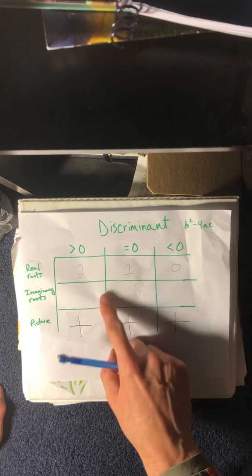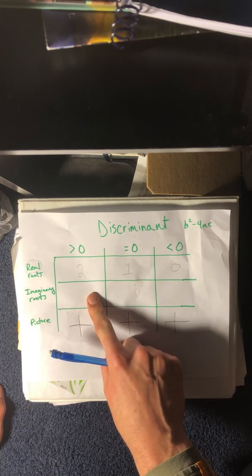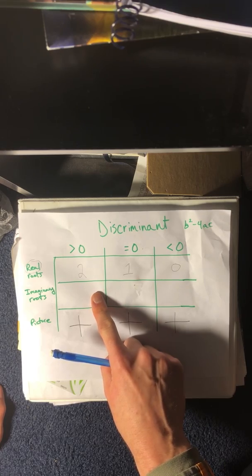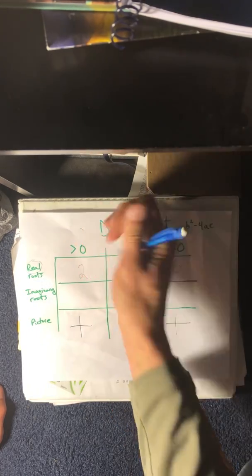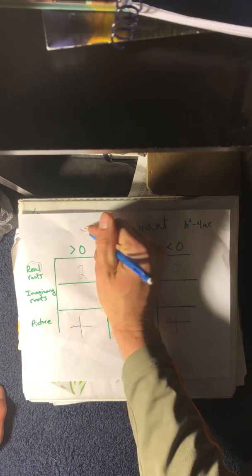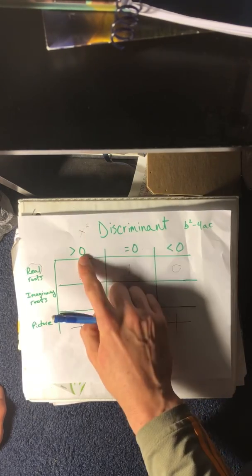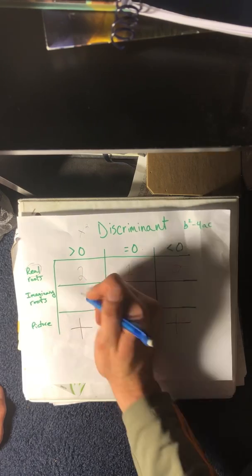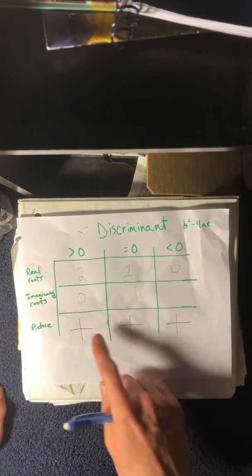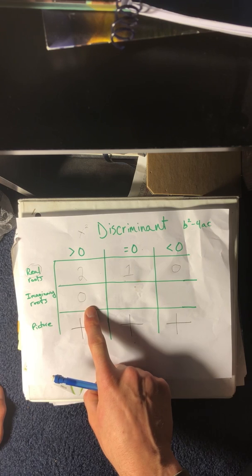Okay, all right, so how many imaginary roots does it have? Well, there's only 2 answers. Every single quadratic, remember, quadratic being x squared, we know we have 2 answers. So if we have 2 real roots, then we must have 0 imaginary roots or non-real roots.